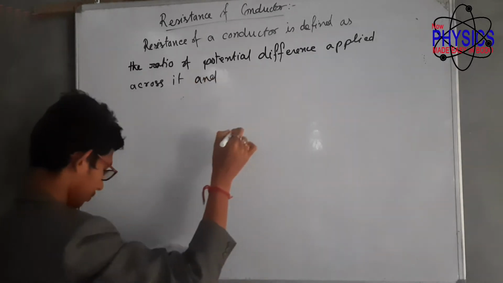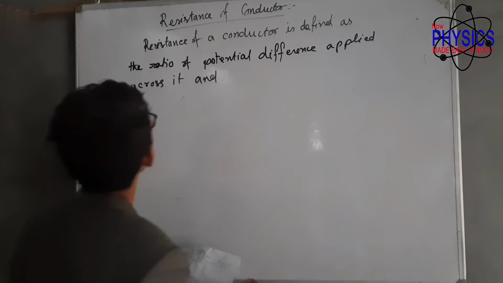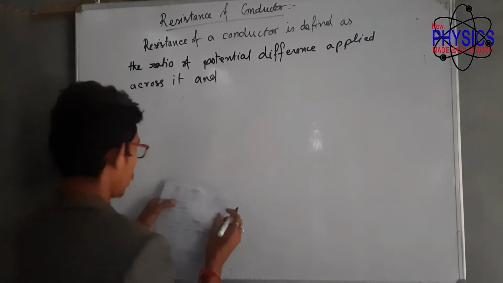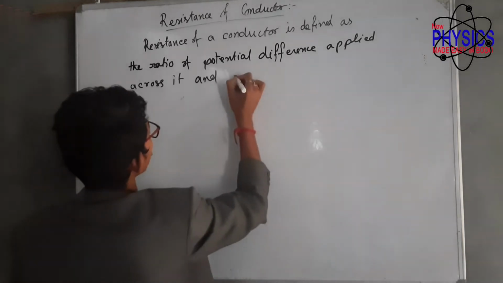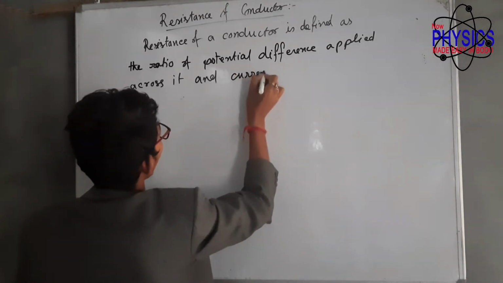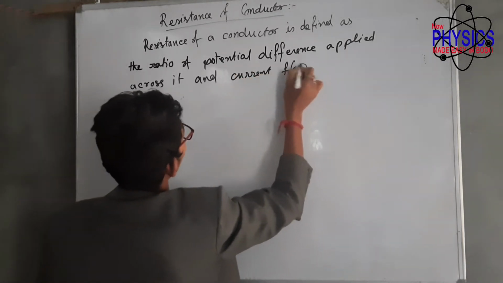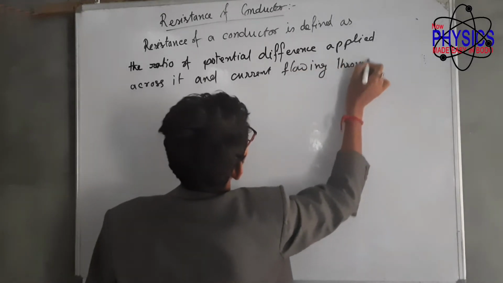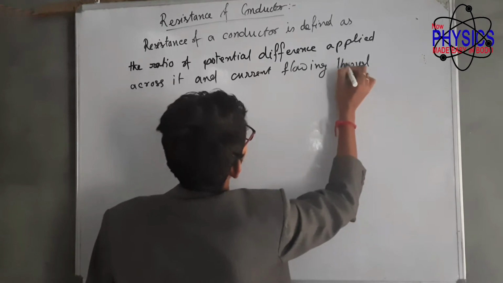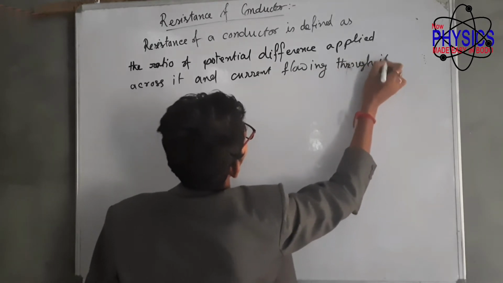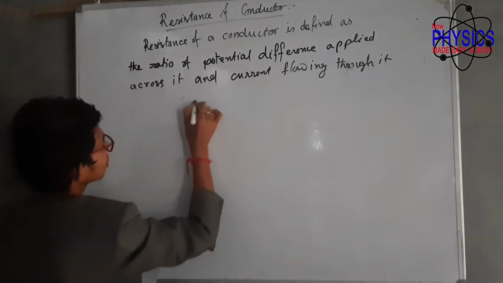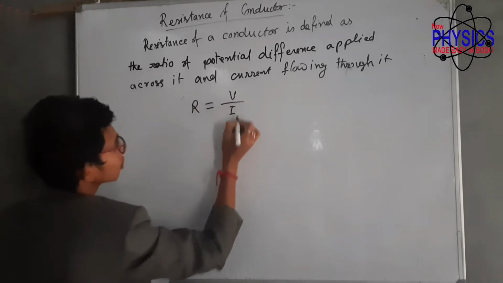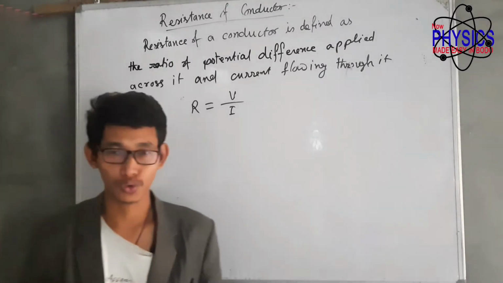Resistance of a conductor is defined as the ratio of potential difference across it and current flowing through it. This is R. That means resistance is the ratio of potential difference and current flowing through it.